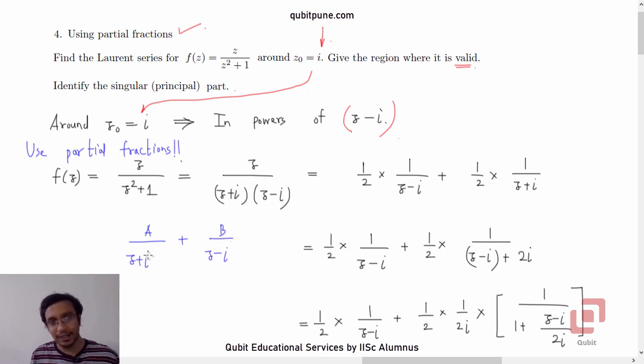Yes, and it's not very difficult to get the values of a and b. Both will turn out to be 1 upon 2. Okay, well, this is b, z minus i, and this is a.